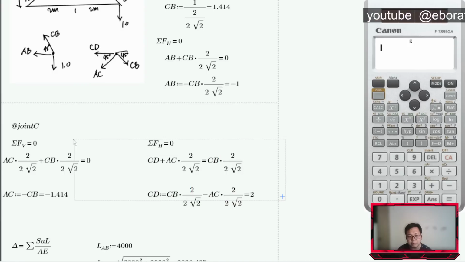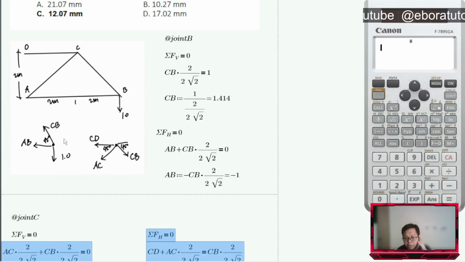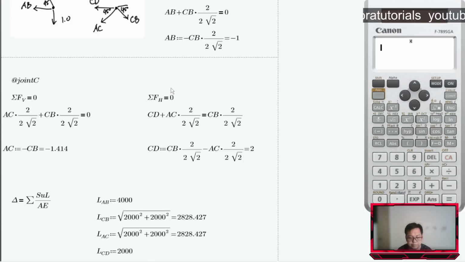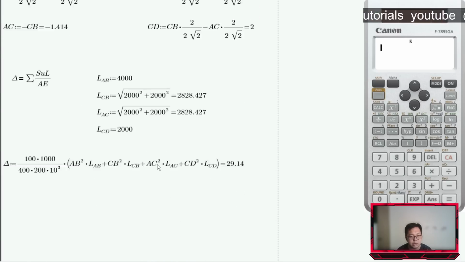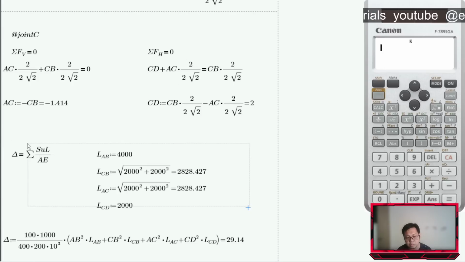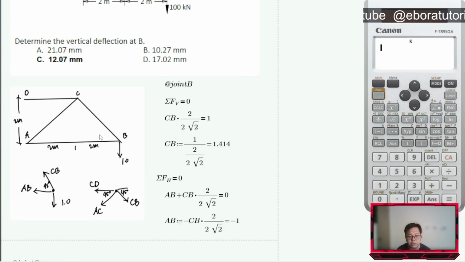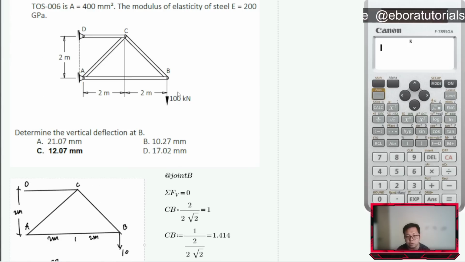Okay? So, after that, pag meron ka ng bar force due to the vertical thrust, ang next na gagawin mo is actually to solve for the bar force due to the actual load, which is itong 100. Sige. So, anyway, instead of solving again the bar forces here, I noticed na the only load is actually also 100 kilonewton.